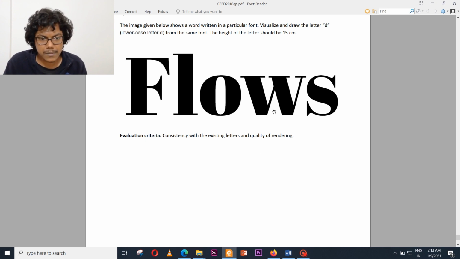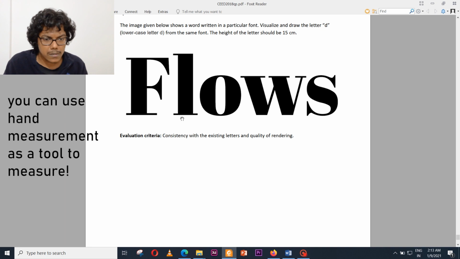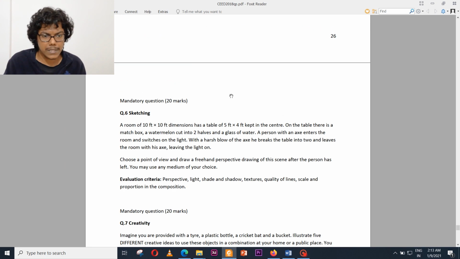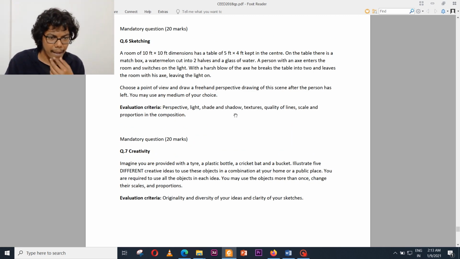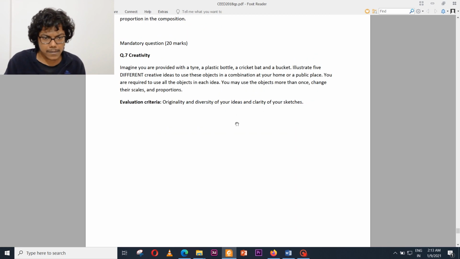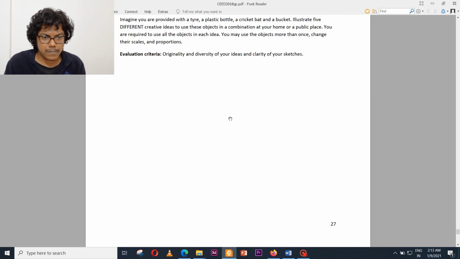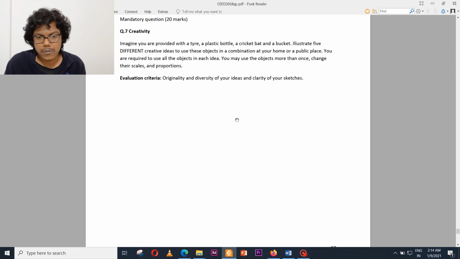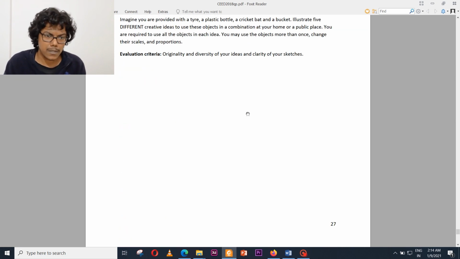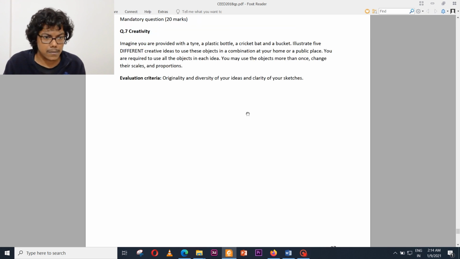See the proportions, see the thickness of the alphabet, and then serif, how 1 mm or 2 mm is this. Easy peasy. I think this kind of question takes time, but don't leave. Okay, I mean, attempt all with complete attempt. Cool. I think that is good enough.